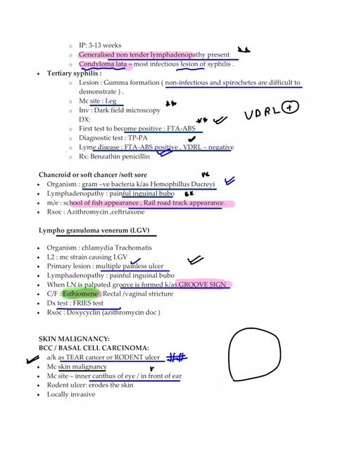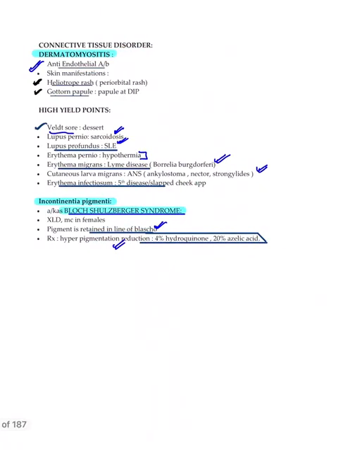The most common site is the inner canthus of the eye or in front of the ear, guys. This is also known as rodent ulcer because it erodes the skin, guys. Now coming on to connective tissue disorders, dermatomyositis, you will find anti-Jo-1 positive, and we have three things: heliotrope rash, Gottron papule, and shawl sign positive, guys.